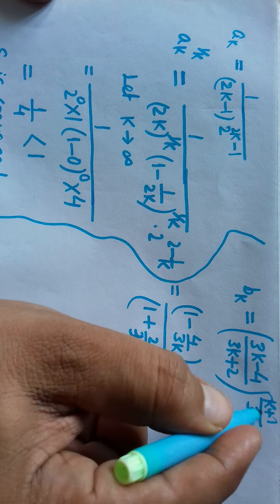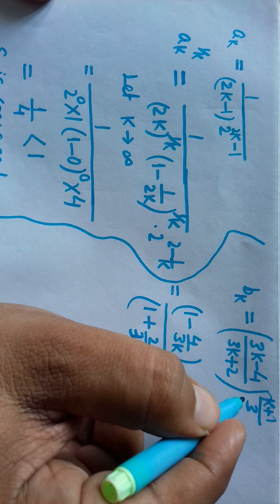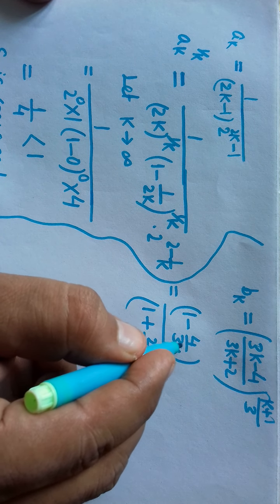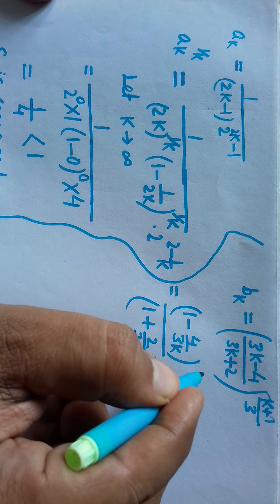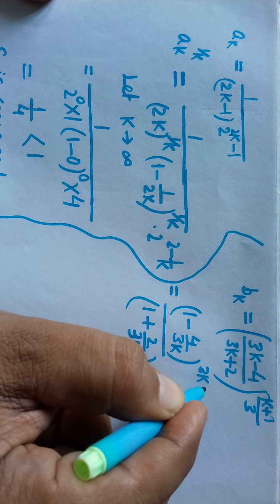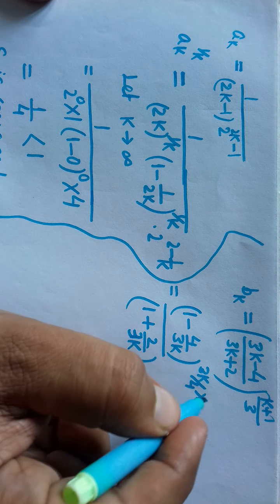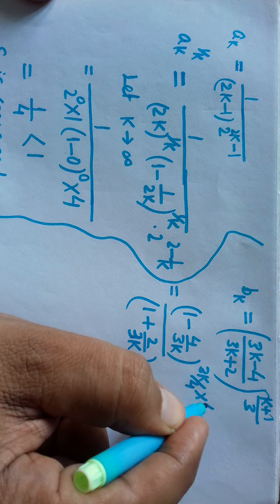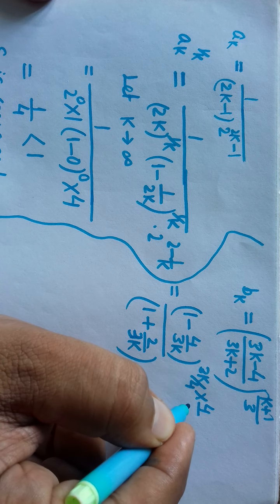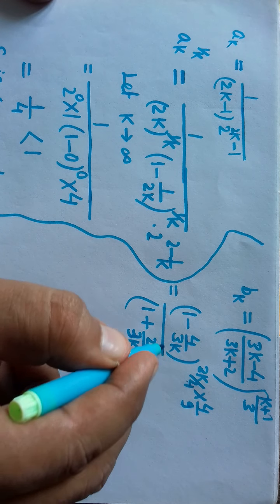And here you see k by 3, first is k by 3. So inside this, 4 by 3k, we write the reverse 3k by 4, but here it should be k by 3, so we have to write 4 by 9 because cancellation gives k by 3.